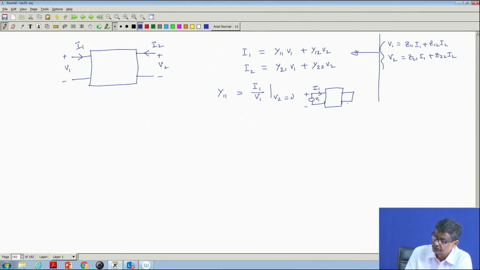V2 is equal to 0, you have to make. Then take this ratio I1 by V1. The dimension of this quantity is reciprocal of ohm, therefore it is admittance. So you call it Y11, and it should be called driving point admittance.